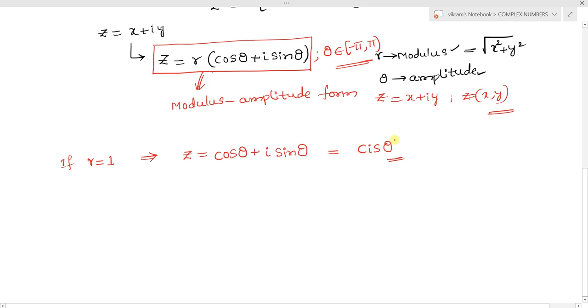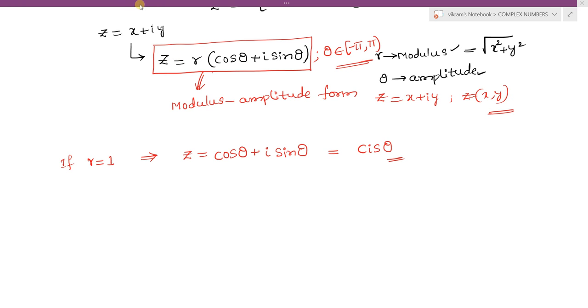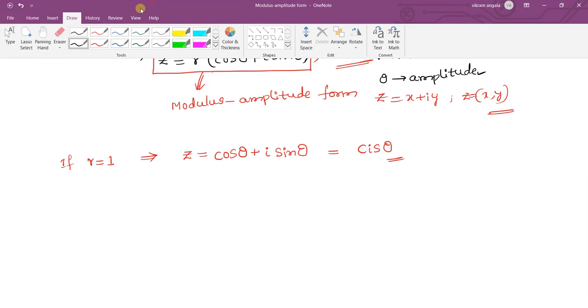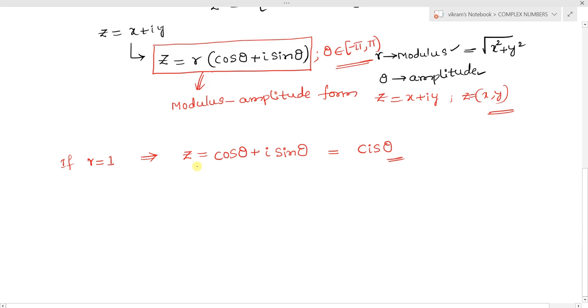We discuss a few things about this cis theta. So cis theta equals cos theta plus i sin theta. What will cis of minus theta become? Cis of minus theta equals cos of minus theta plus i times sin of minus theta.